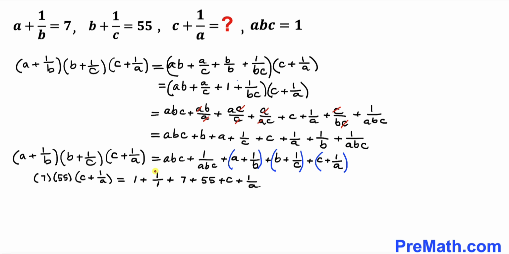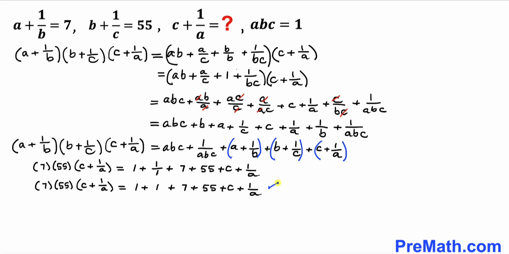And now we can see 1 divided by 1 is the same as 1. As you can see in this next equation, I replaced 1 divided by 1 with 1 over here. Now in this next step, I'm going to multiply 7 times 55. That is going to give us 385 times c plus 1 divided by a equals to, and on the right hand side, let's combine these constants.